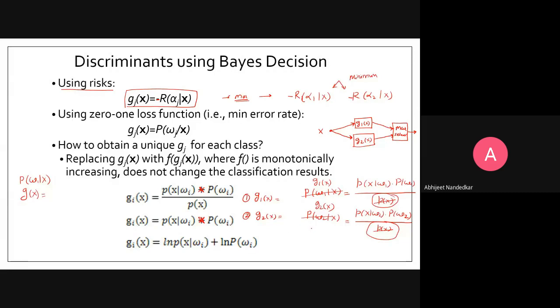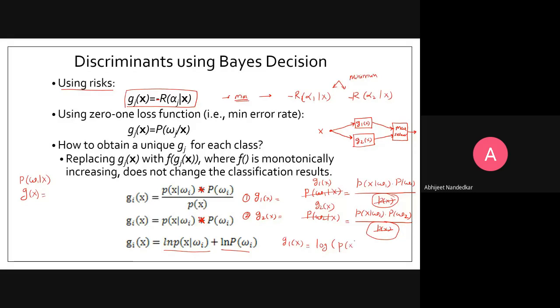Now if I take log of both sides, if I take log of, say, equation 1 and 2, then I can write like this. So this product I can write here, say g1x is log of probability of x given omega 1.